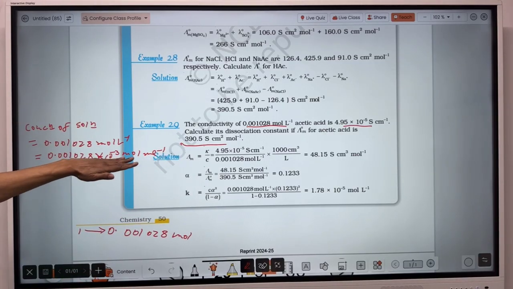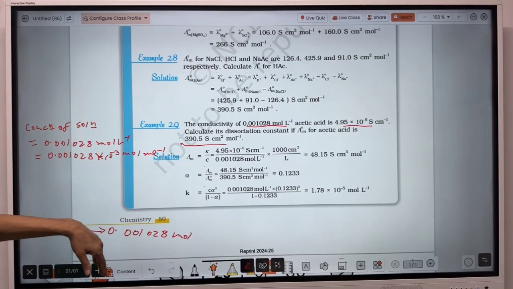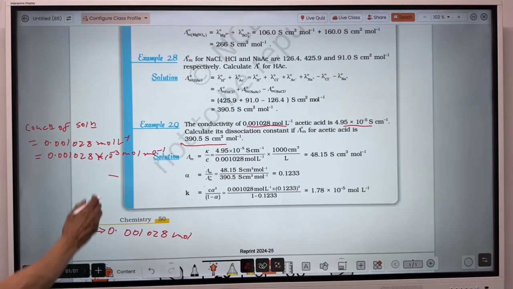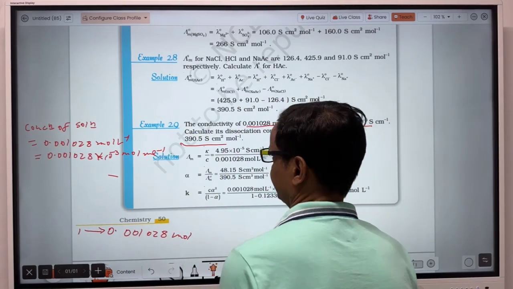In 1 milliliter, the number of moles of electrolyte will be less. That's why lambda m is taken as kappa by C, and that is why it gets multiplied by 1000. And alpha is lambda m upon lambda degree m. So Ka. Is it clear here or not?